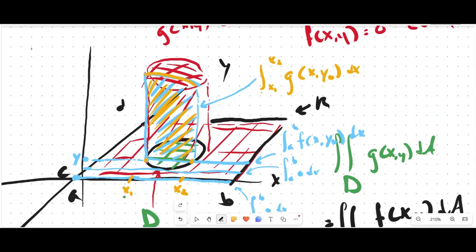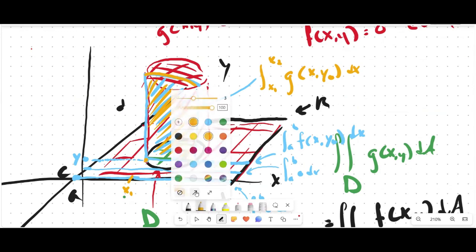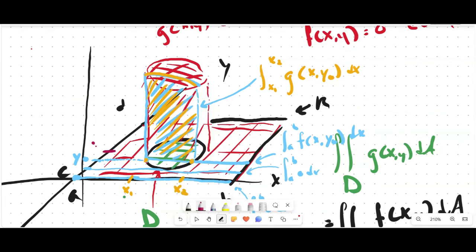Sure, question. Are these bounds good everywhere? What if I change my Y value? I'm definitely gonna run out of colors in a second, but now let's go to a new Y value. Let's call this guy Y1. Now you really want to integrate from this starting point to this endpoint.